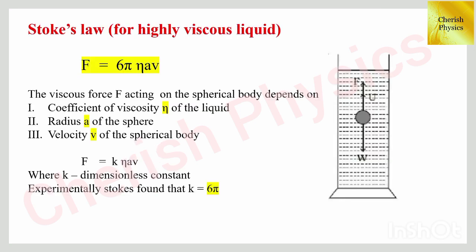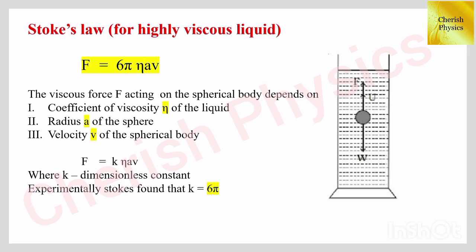Next topic, Stokes' law. Stokes' law experiment is mainly to find the terminal velocity. When a small metallic sphere drops through a highly viscous liquid, it experiences a viscous force. Stokes performed many experiments on the motion of small spherical bodies in different fluids and concluded that the viscous force acting on the spherical body depends on the coefficient of viscosity of the liquid, the radius of the sphere, and the velocity of the spherical body.